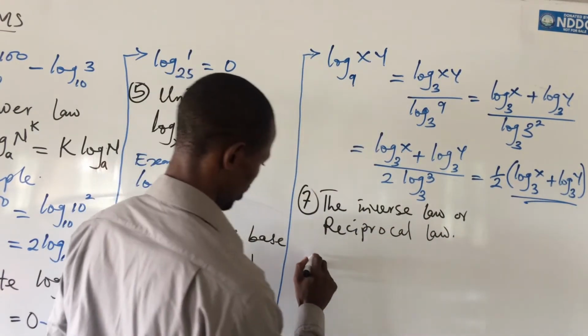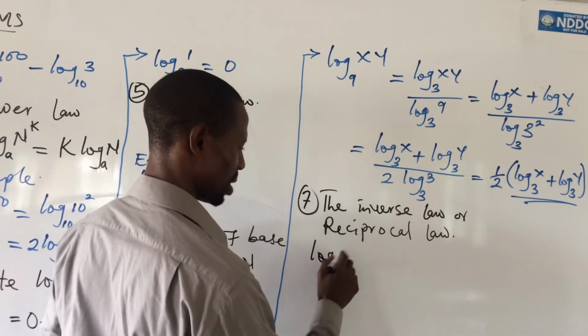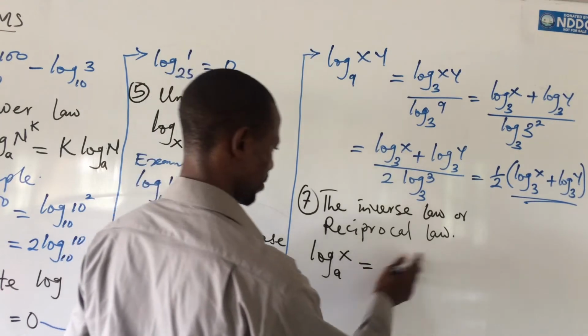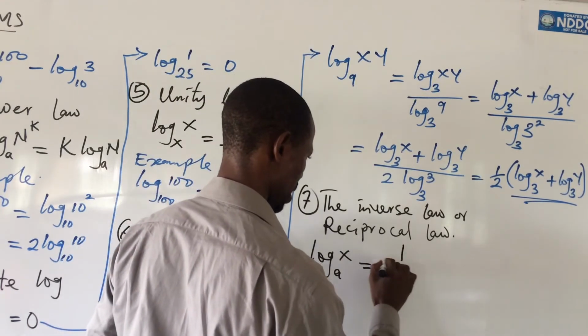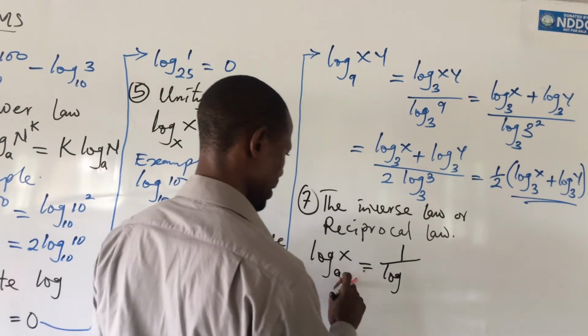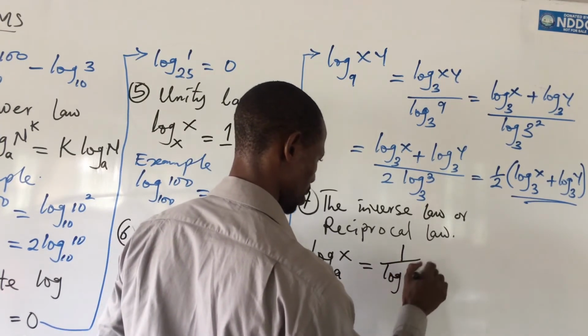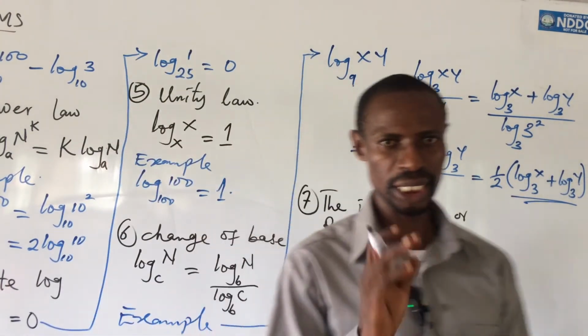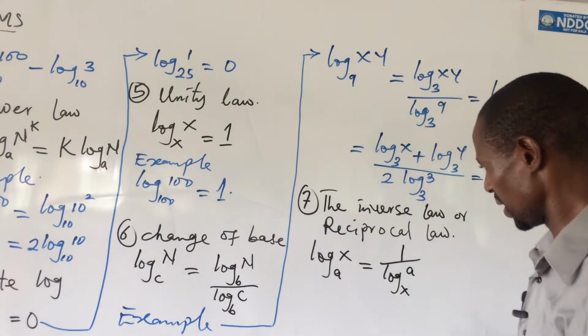It says that if you have log x base a, we can find the reciprocal of this to give us 1 all over log a base x. The a will become the log and your log will now become the base. So this is a change of base.